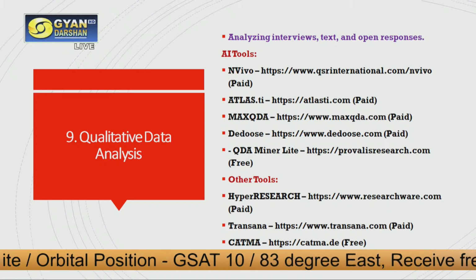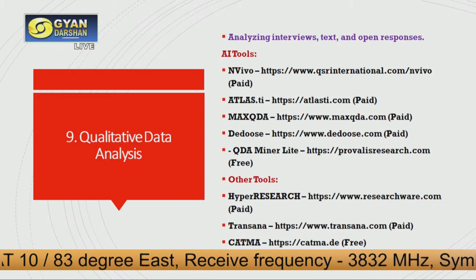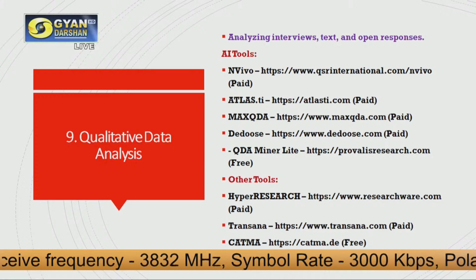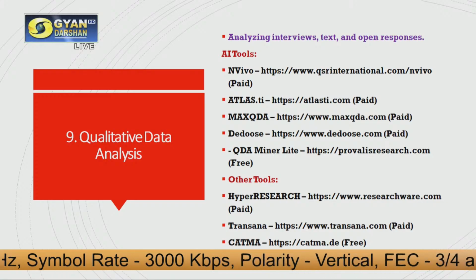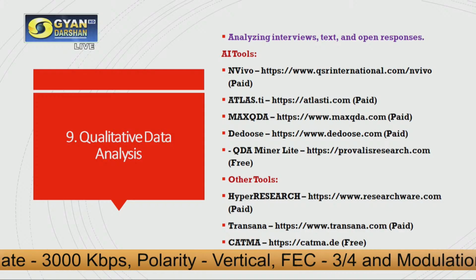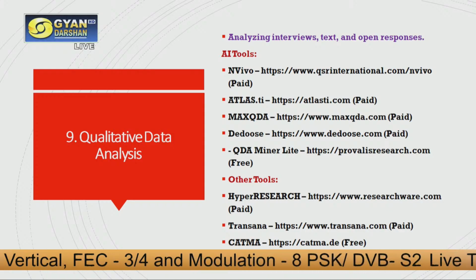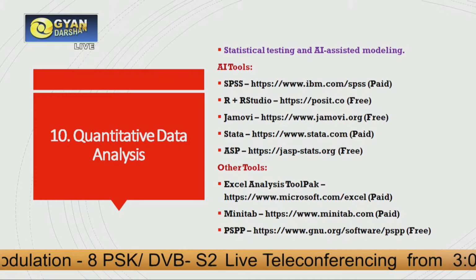Many of these tools are very popular, like NVivo and Atlas TI. You can draw beautiful graphs and have very beautiful visualizations. Then the coding process, which is a little time consuming when we do it manually, can be avoided by using such qualitative data analysis tools.